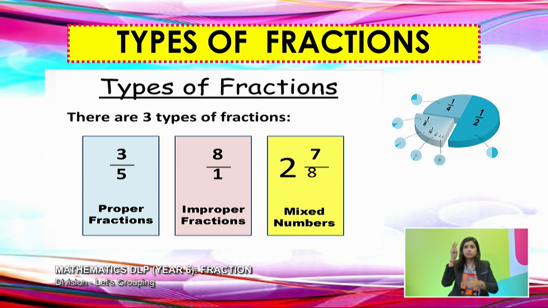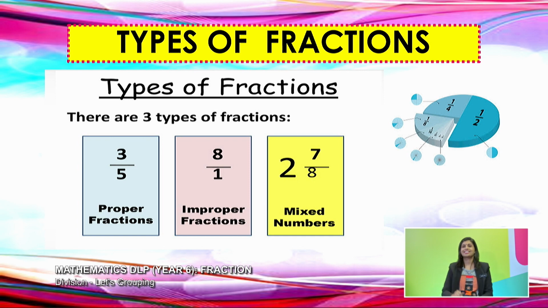When we say proper fraction, the numerator is smaller than the denominator. Next we have improper fraction. Improper means the numerator is bigger than the denominator. Normally we shouldn't leave the answer as an improper fraction. You have to convert it into a mixed number. So the third one is the mixed number.